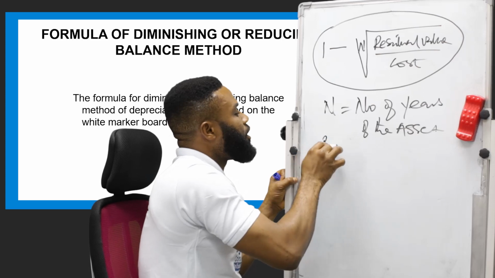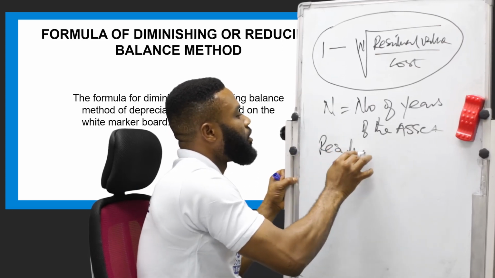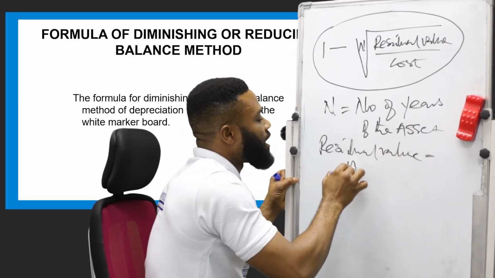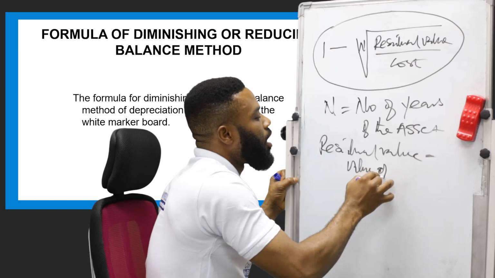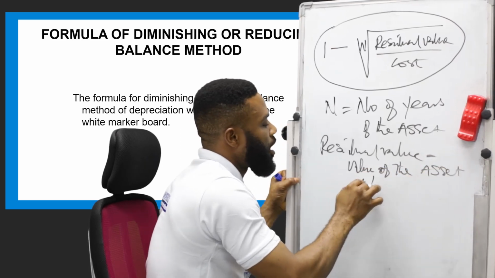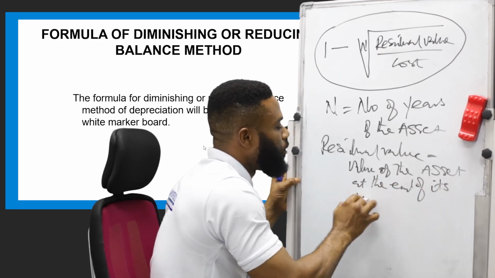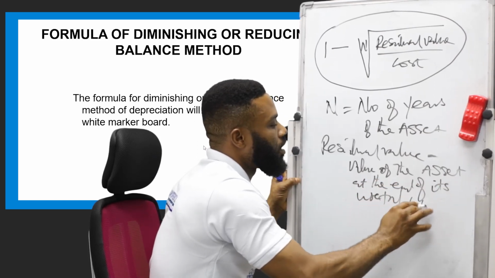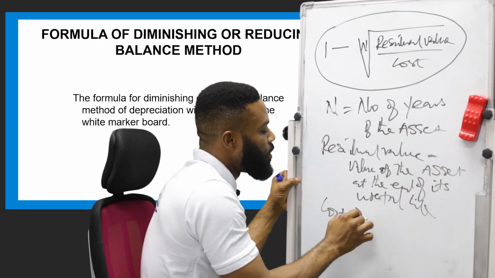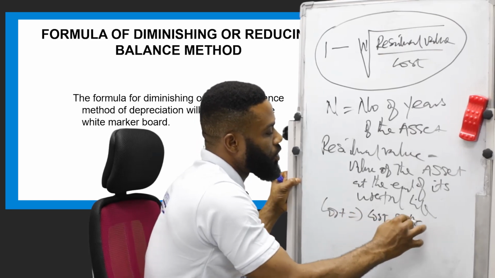Then residual value is simply the value of the asset at the end of its useful life. While the cost is simply the cost of acquiring the asset, the cost of acquisition.